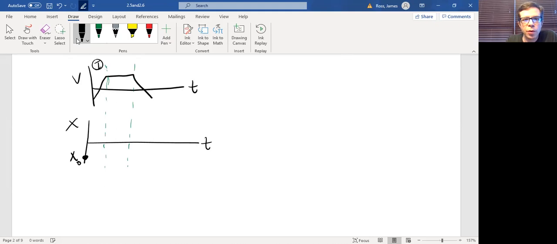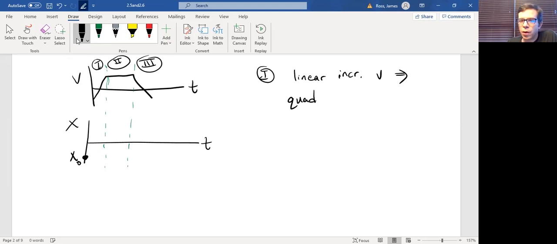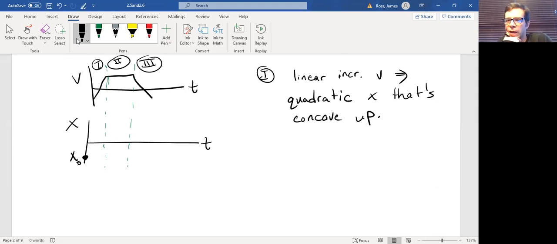And again, we'll call them region 1, 2, and 3. So in region 1, we have a linear increasing v. And that's going to give us a quadratic x that is concave up. Right, remember your second derivative test from calculus?